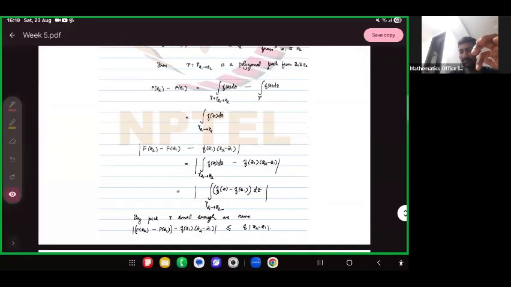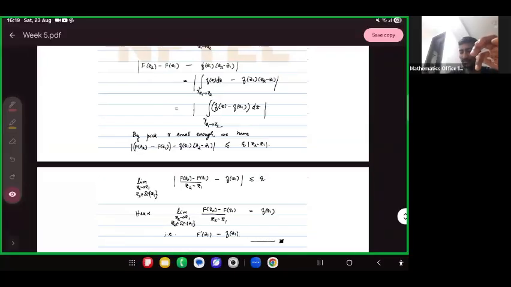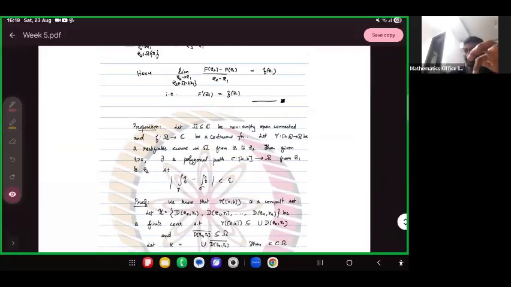Okay, so the next proposition is about these two integrals: either you take a polygonal path or a general curve from z0 to z1, any path.